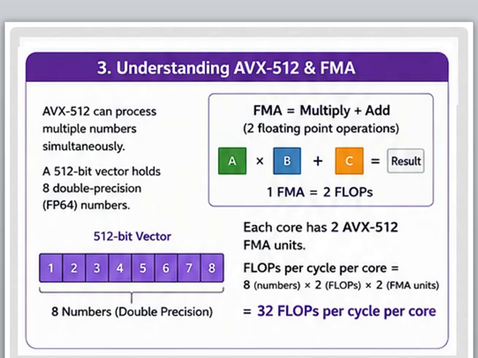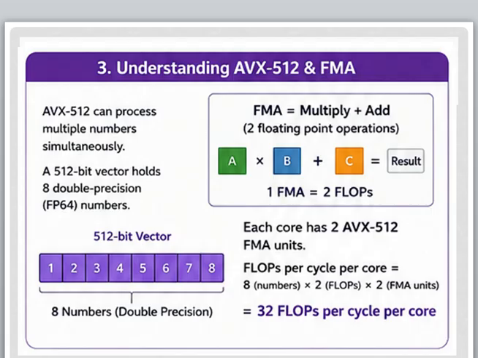Each FMA instruction performs a multiplication plus an addition at the same time, which means each FMA equals 2 floating point operations.